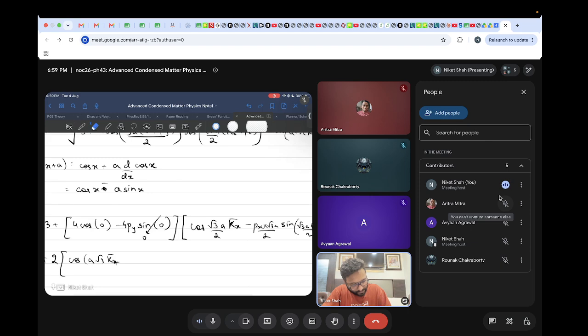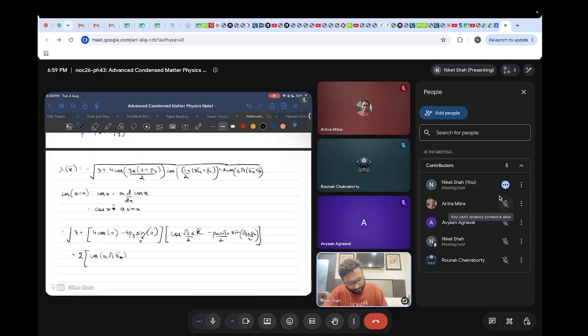This is k plus, minus px root 3a sine of root 3a px.